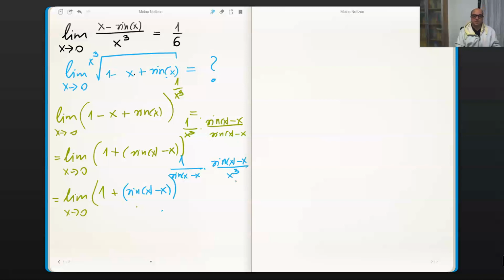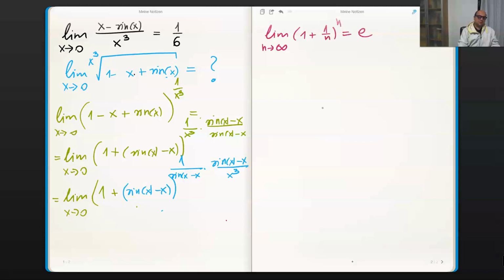Is that okay? I'm just using the commutative law for the multiplication. And now if you look carefully, you'll see that we've done the limit n towards infinity, I link it here, of (1 plus 1 divided by n) to the power of n, which was equal to e.